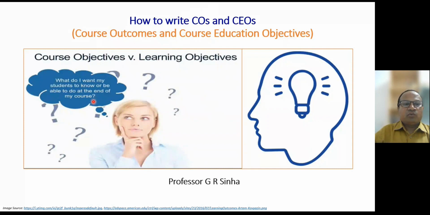We always plan that when a student opts for my course, what will be the aim of that course, providing the appropriate skill set, knowledge and values in the students. How much change, how much outcome in terms of skill set, knowledge and values the course will bring, and in order to do so, how to write the course outcomes very effectively, let us try to understand in this lecture.